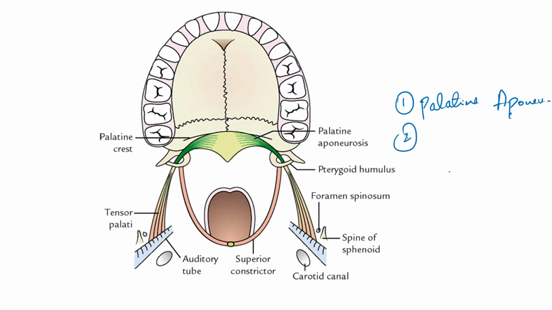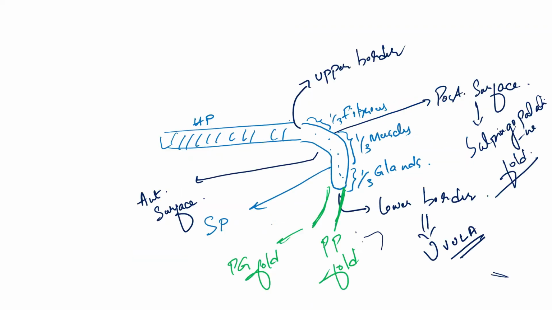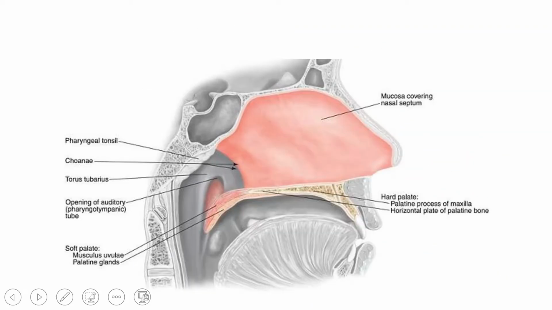Second is the presence of the muscles of the soft palate, the palatine muscles, around five pairs.